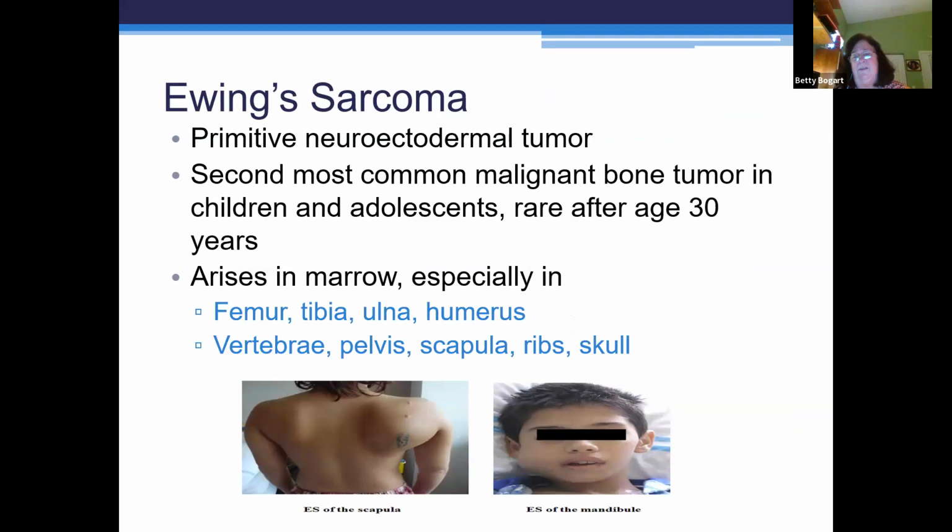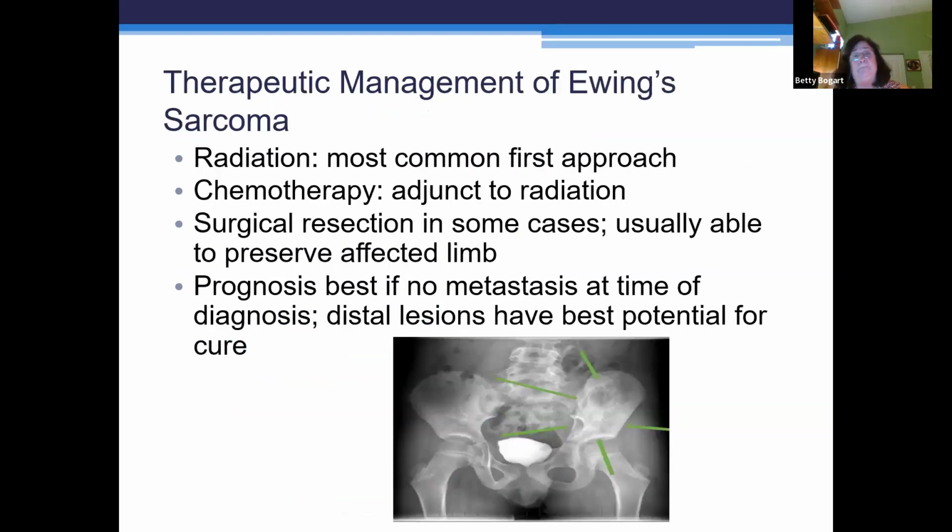Now, this is a cancer and it's in with the bones. And why? Because it comes from the bone marrow, and it is the fibula, the femur, the tibia, the ulna. It can also be in the cheeks and the scapula. And it is malignant, and they try to remove what they can of it. Ewing sarcoma.